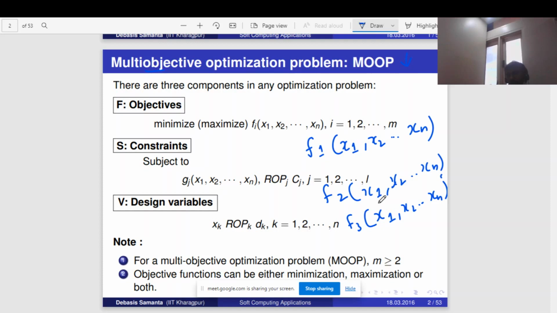Now the optimization also may vary. For example, you may want to maximize f1, minimize f2, and maximize f3. All these things should be done at the same time.